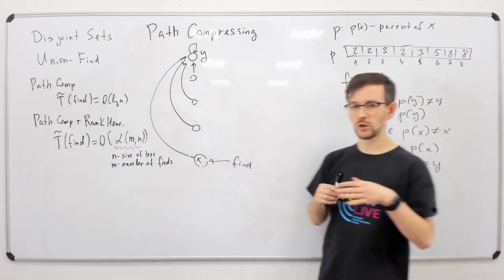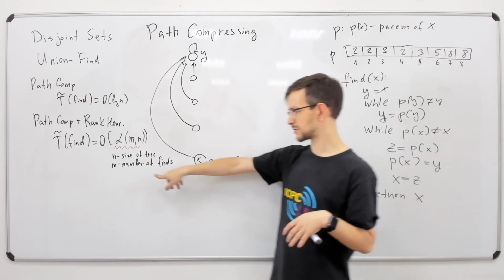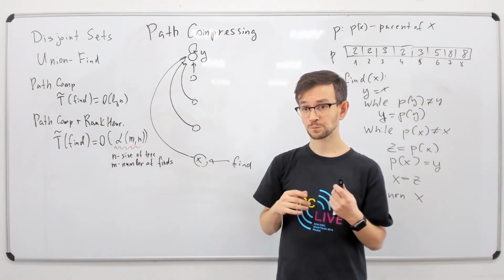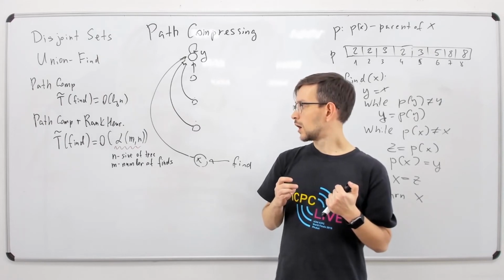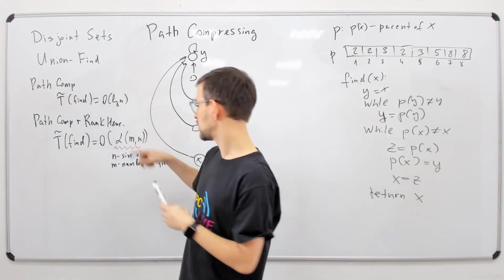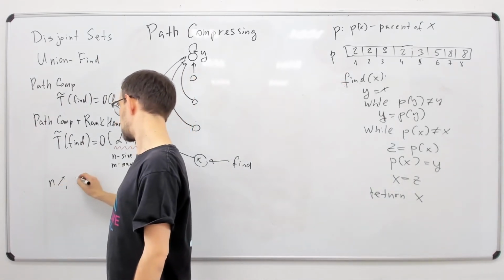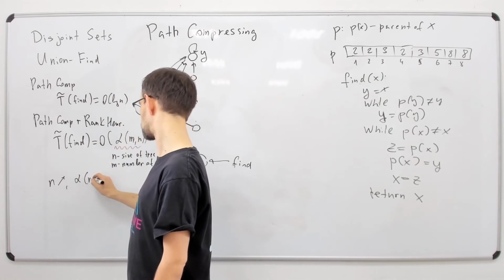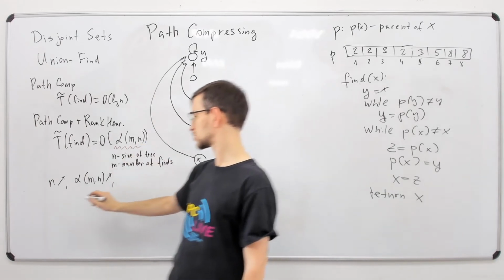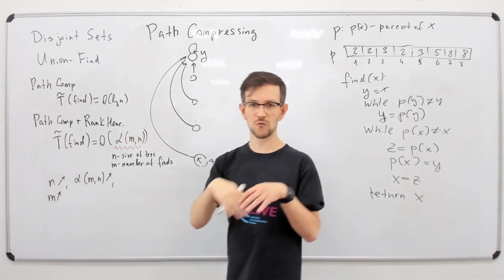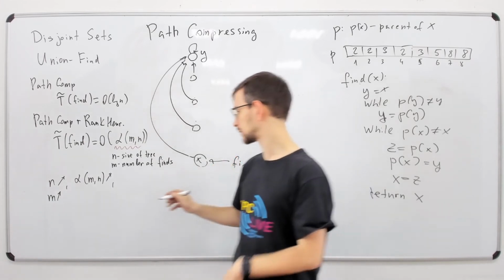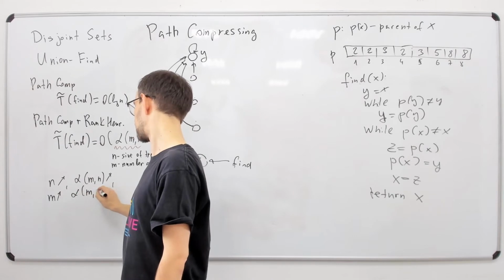So if you call this find operation m times in total, then time complexity will be something like that. And the interesting thing about this function is that if n is increasing, the function will also be increasing. And if m is increasing, so if you increase the number of calls, this function is actually decreasing. So it becomes smaller.